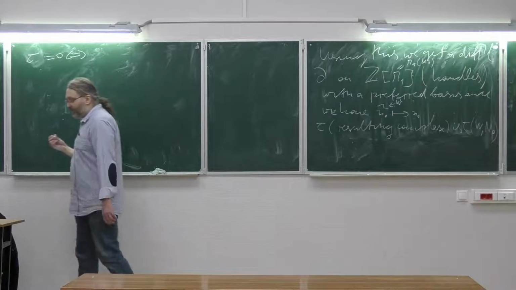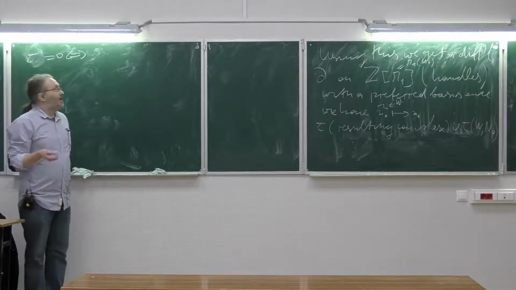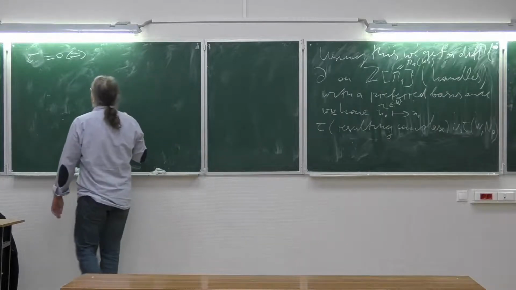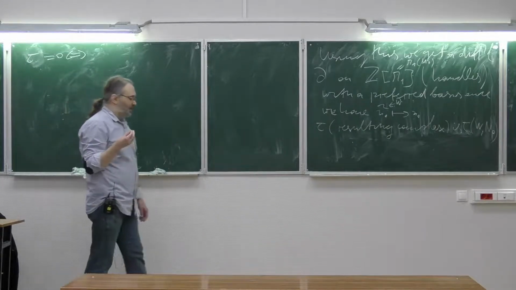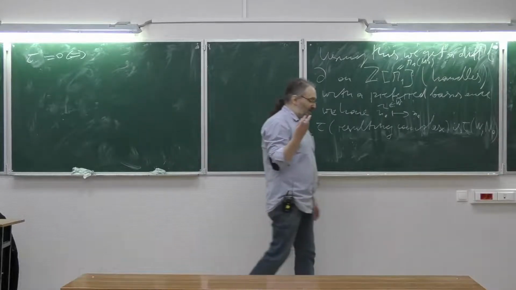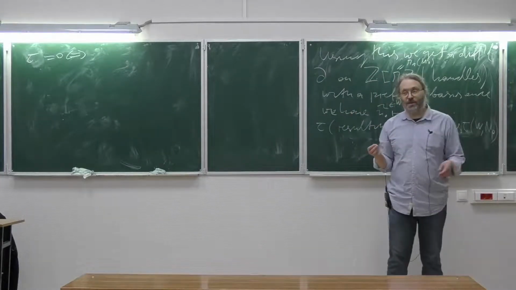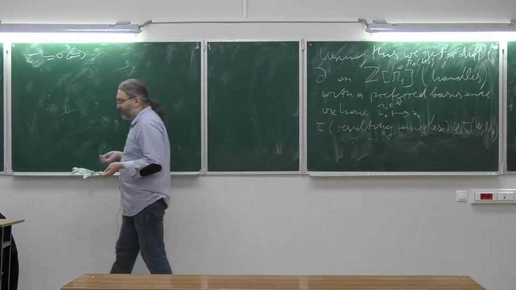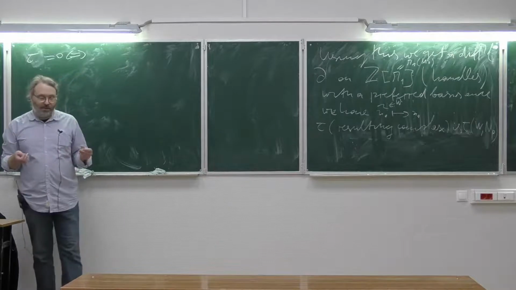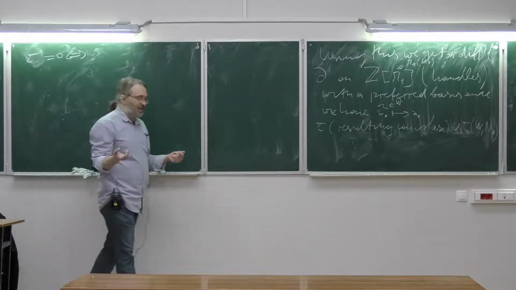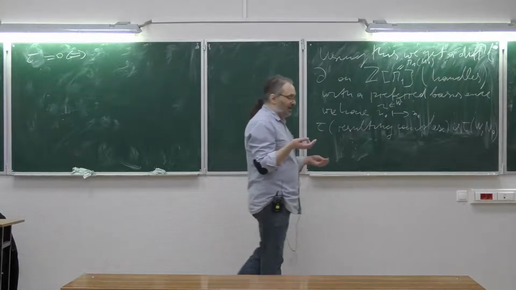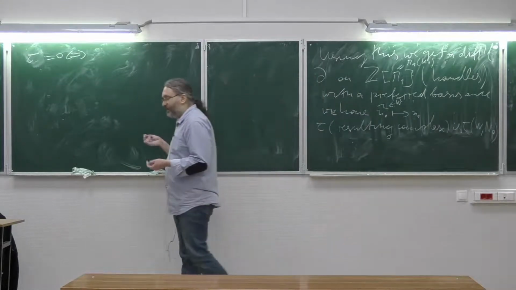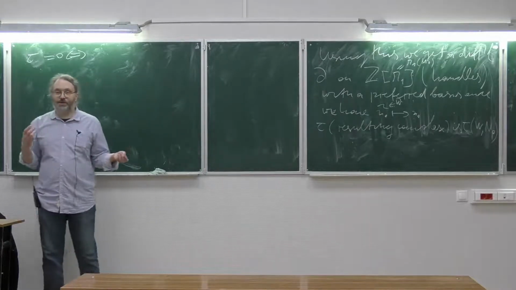So if I have a based chain complex, meaning a chain complex with a basis, and if this complex is acyclic, I can construct the Whitehead torsion as we saw last week.